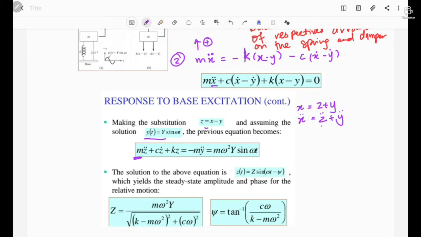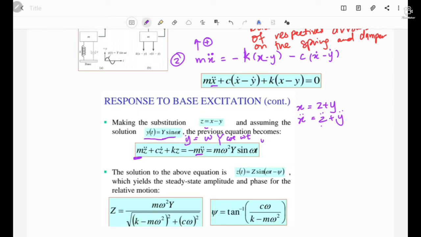Okay, so from there you should also take note that negative my double dot is equal to, so you take the derivative of y, because your y is equal to capital Y sine omega t, then you would have your y dot is equal to omega capital Y cosine omega t, and then you differentiate again.